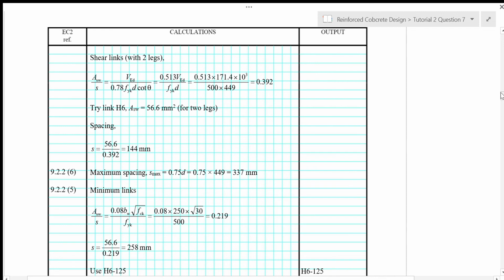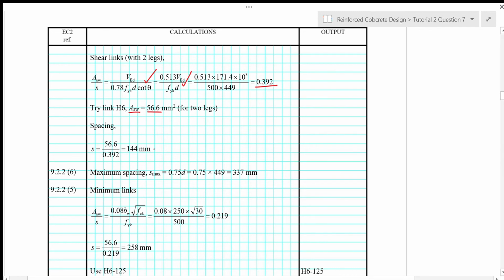So for shear links with two legs, the Asw over s is calculated based on this expression here, which is simplified into this expression here to give a 0.392 value. So we try a link with 6 mm diameter, so that gives a cross-sectional area of steel of 56.6 square millimeter for two vertical bars, for two legs.